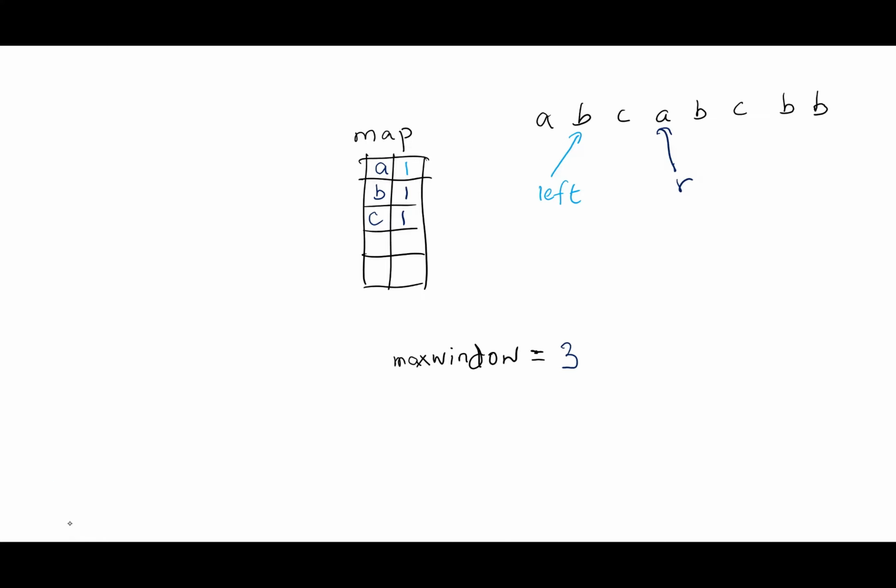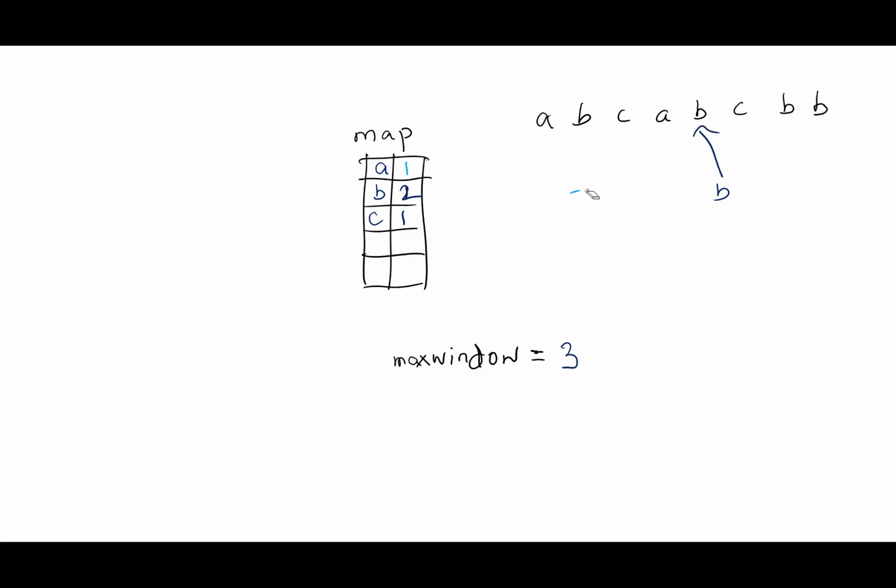Once it's valid again, I start to expand again. So I move the right to B. But now again it becomes invalid, so I cannot update the max window. I have to make it valid again, so I start shrinking the window from the left.